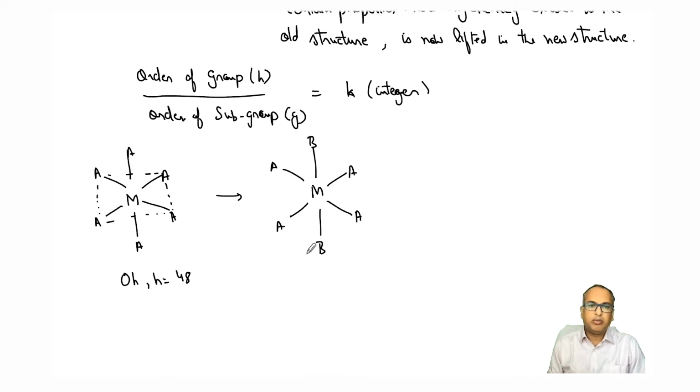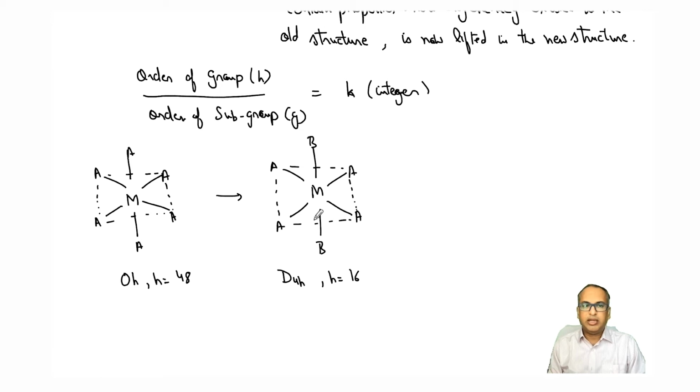Now what is the point group of this? This will be D4h. I'm not drawing the wedged projections and all, but it should be clear how the atoms are arranged. Now the order of this group is 16. So you can see that if you divide 48 by 16, it does come to an integer.